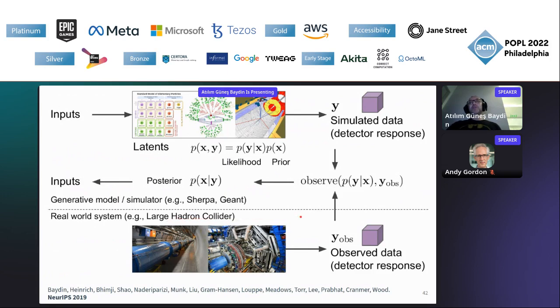The overall thing that we are trying to do here is, you have your simulation or probabilistic programming pipeline, and you have your real-world system. The pipeline gives you simulated data, which parameterizes the likelihood.